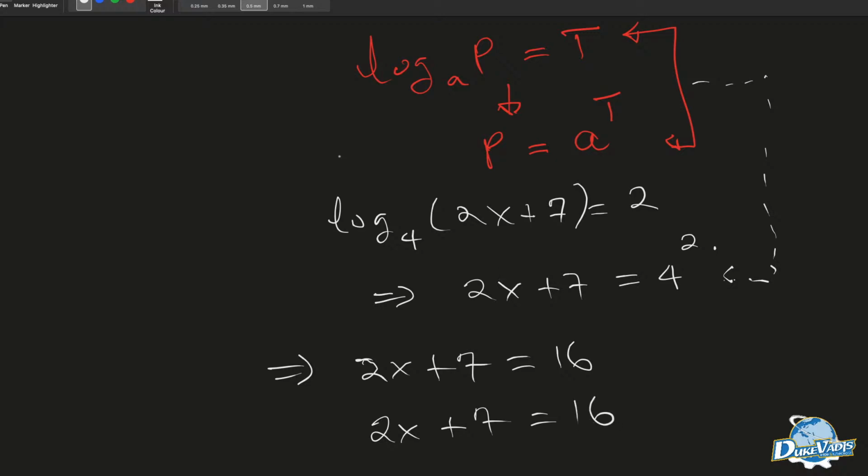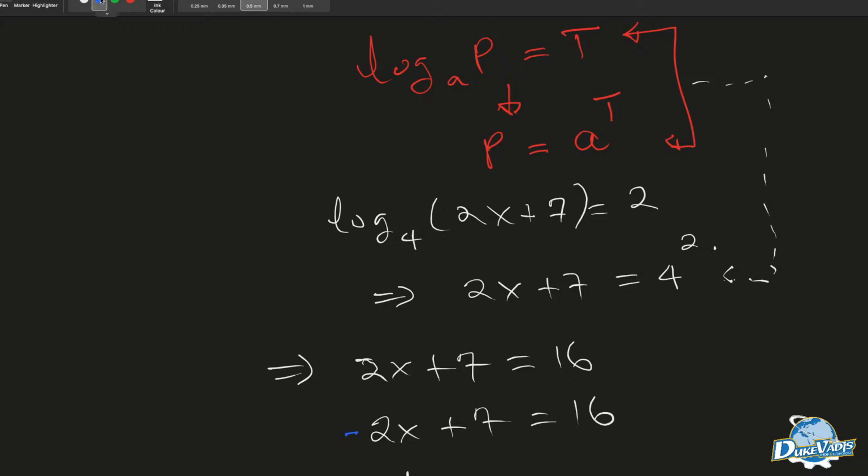We are going to subtract 7 from both sides of the equation, so it will be easier for us. We'll do away with the 7. So we subtract 7 from both sides.